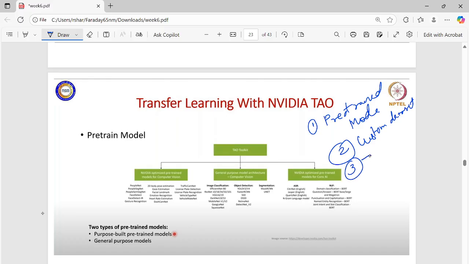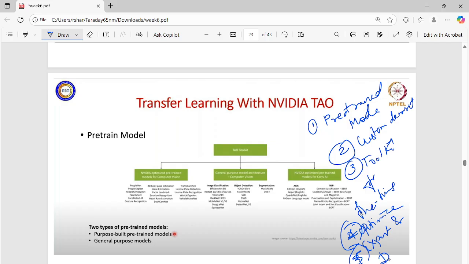Then we use the toolkit for fine-tuning. This means adapting the model, fine-tuning to adapt the model. Then optimize that, and finally we can deploy this model. So we can export and deploy this model.